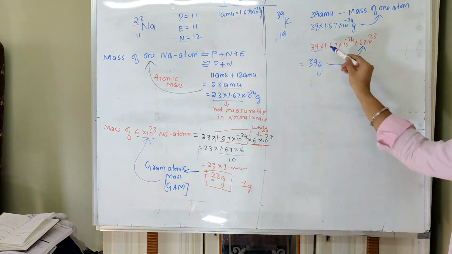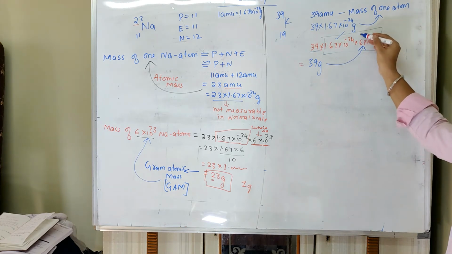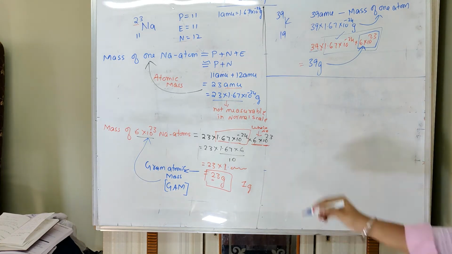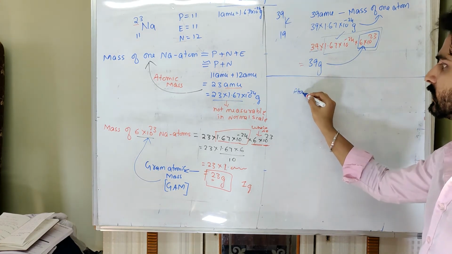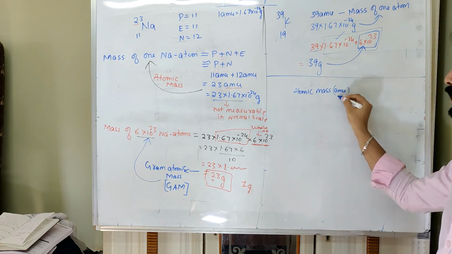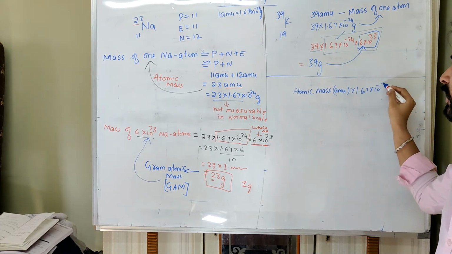Now if I multiply this with the count, say 10, then it is for 10 potassium atoms. If I multiply with 6 into 10 raised to 23, then that means 6 into 10 raised to 23 potassium atoms. Then the calculation becomes 39 gram. And 39 gram is the mass of these many atoms.